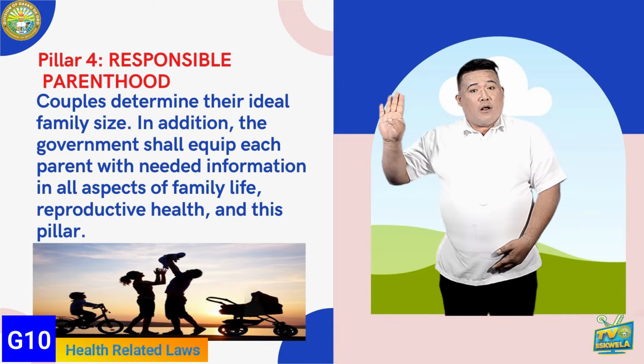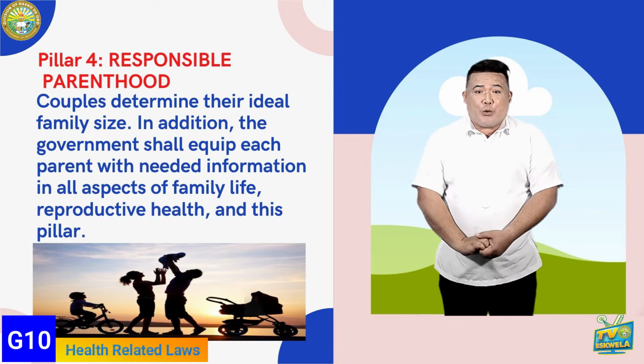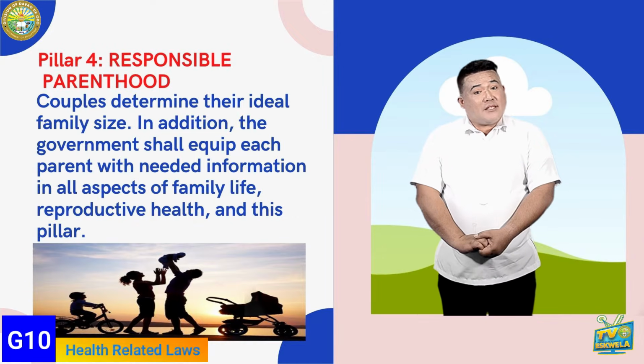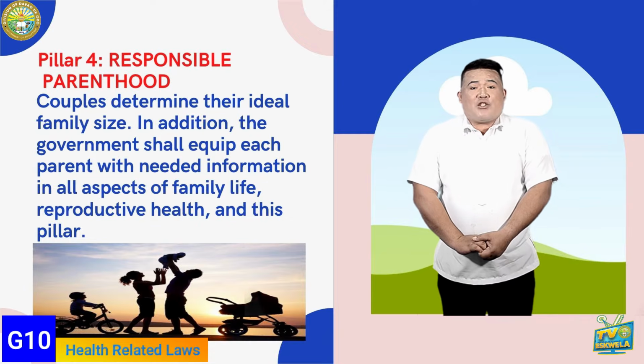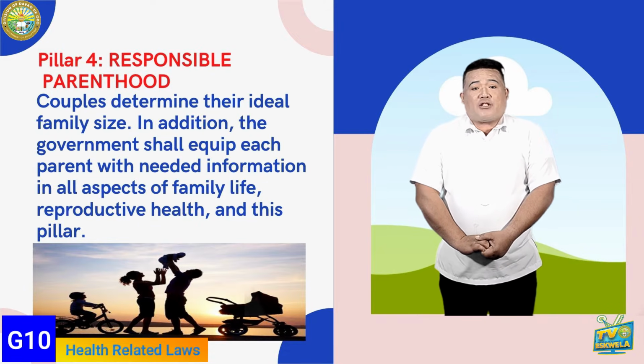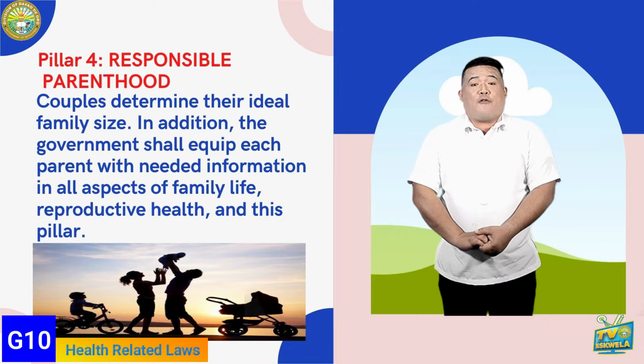Pillar 4. Responsible parenthood. Couples determine their ideal family size. In addition, the government shall equip each parent with needed information in all aspects of family life and reproductive health.